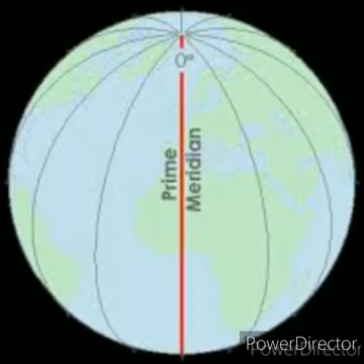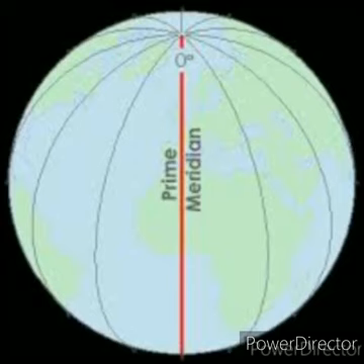The local time at the prime meridian is known as Greenwich Mean Time or GMT.